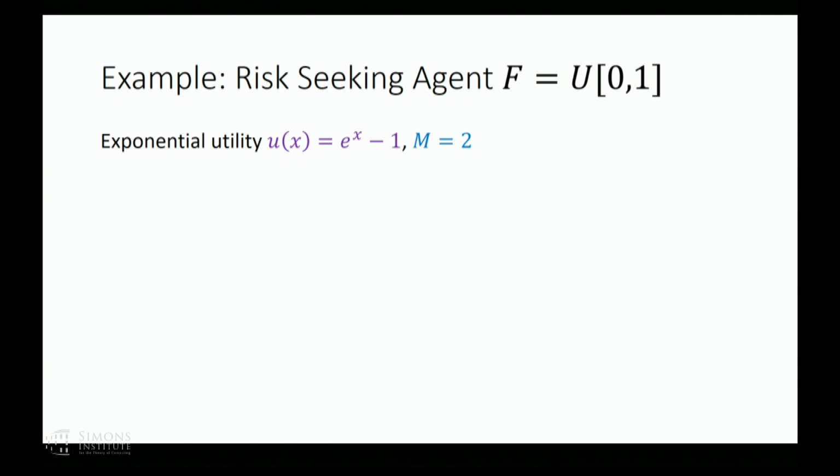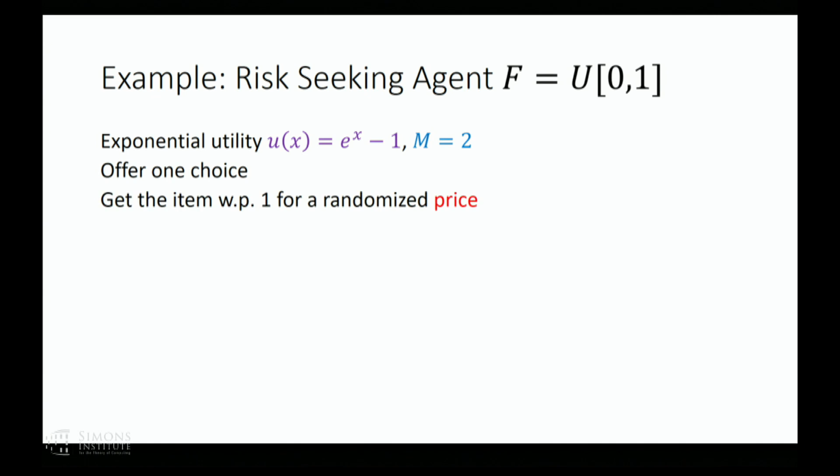How would we take advantage of risk-seeking behavior here? We'll offer one choice. We will offer the item with probability 1, but instead of a fixed price, we'll use a randomized price. So P is equal to M, the maximum value, with probability 1/2, and P is 0 otherwise.